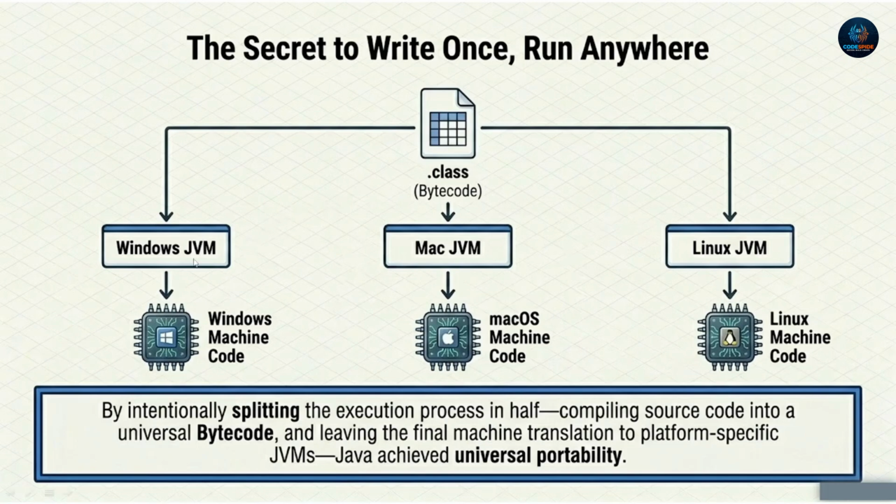For Windows there is a separate JVM, for Mac there is a separate JVM, and for Linux there is a separate JVM. For each environment a separate JVM is available, so the JVM makes that bytecode executable on all operating systems. That's why Java follows the principle of write once, run anywhere.